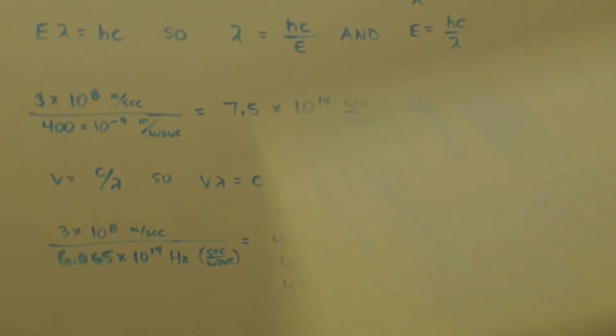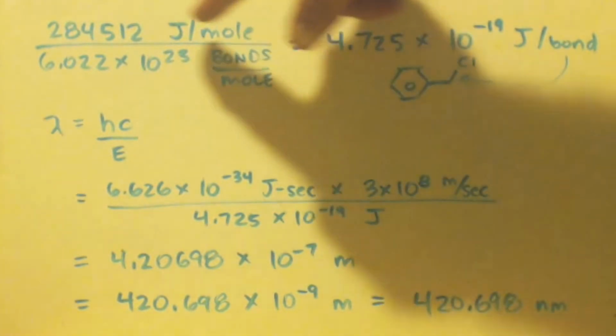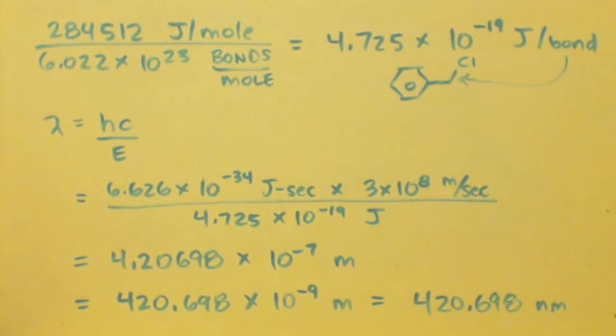So let's figure out how much energy is needed to break a benzyl carbon-chlorine bond. That's the bond you're trying to make, because you don't want to break that. So let's see how much energy it takes to break it. Again, we take the joules per mole from a bond dissociation energy chart online.